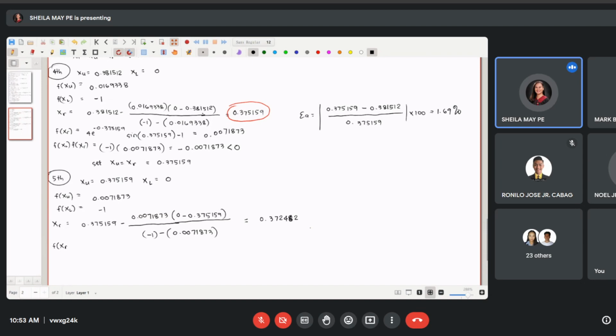Okay. Function of our x sub r, that's 4e raised to 0.372482 sine of 0.372482 minus 1. So that's 0.0302461.